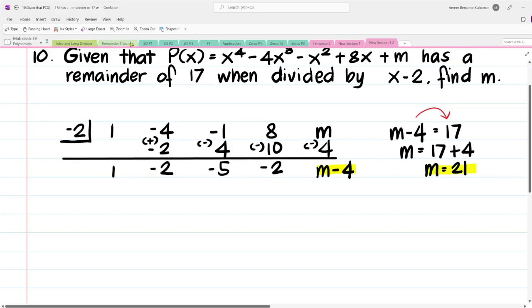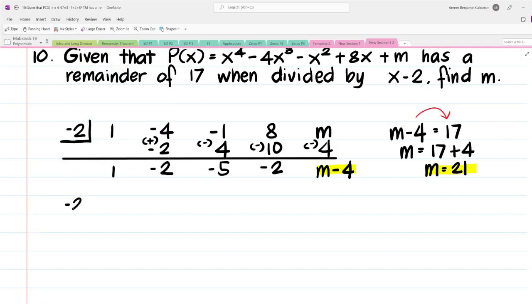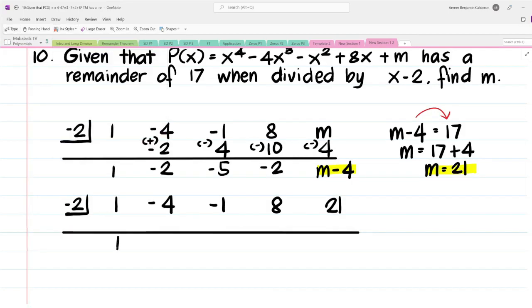So let us check if our answer is correct. So we will copy this. Negative 2. And then we have 1, negative 4, negative 1, 8. And instead of m, we write 21. The remainder should be 17. So, bring down 1. 1 times negative 2, that is negative 2.